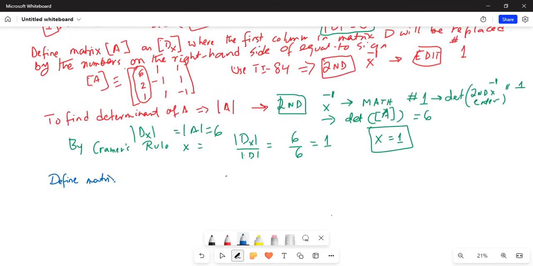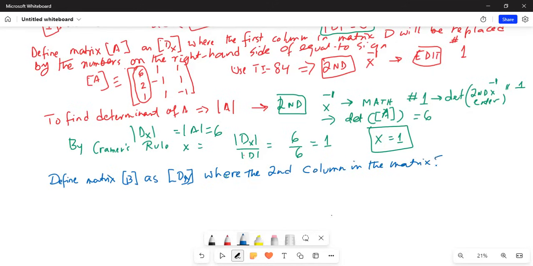So define matrix B as dy, where the second column in the matrix D is replaced.